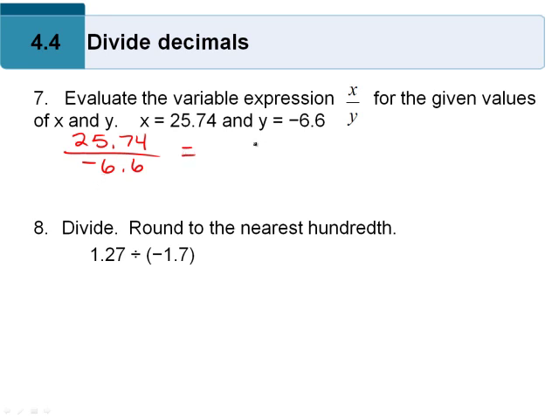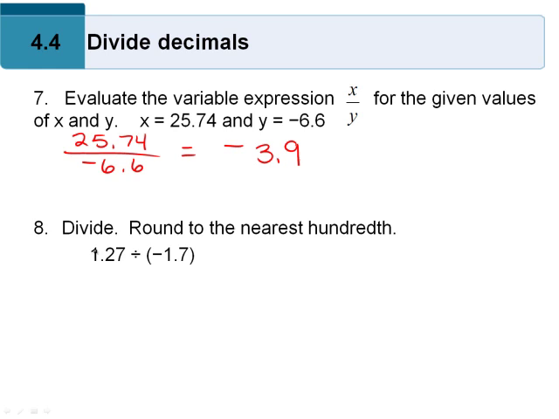So our signs are different, so we know it's going to be a negative. The number on top of the fraction always goes in first. So 25.74 divided by 6.6. And we get 3.9. And it would be a negative. So negative 3.9.